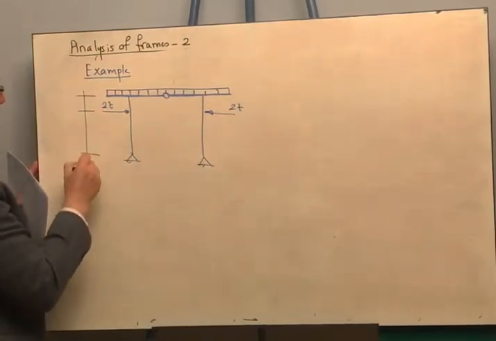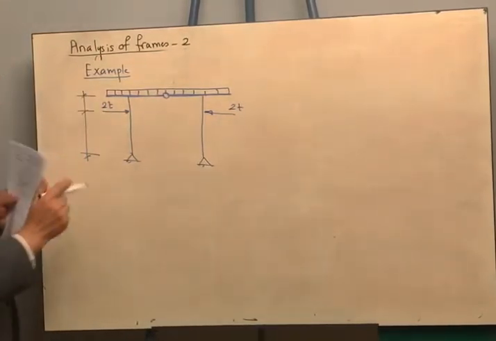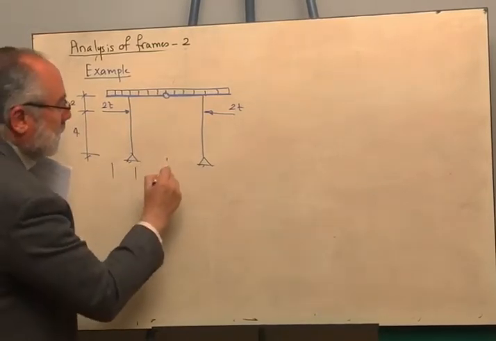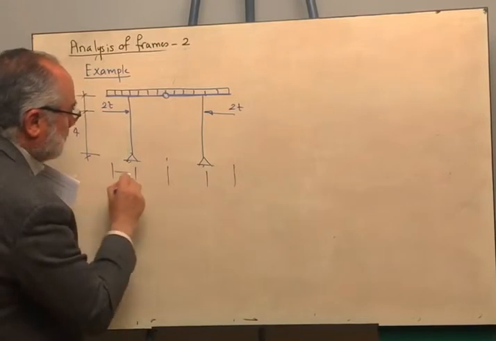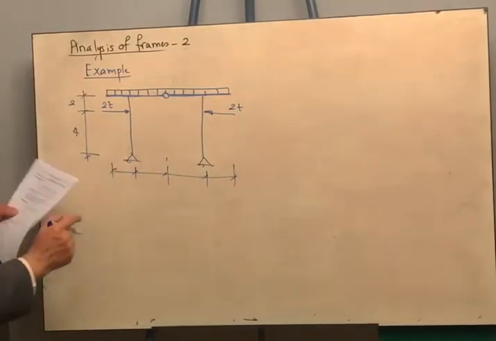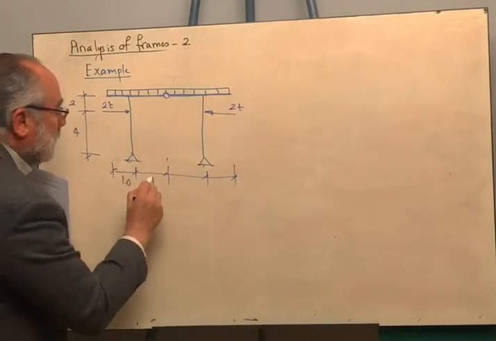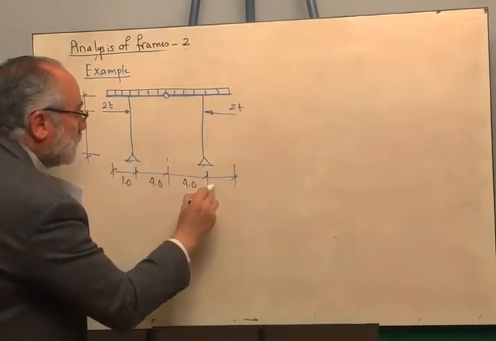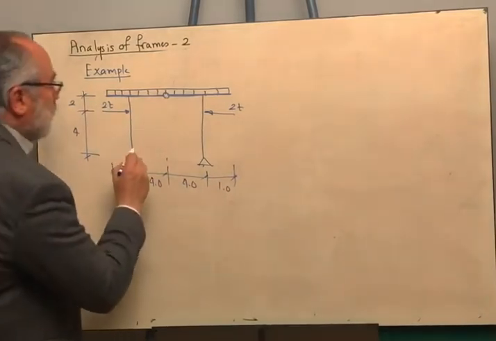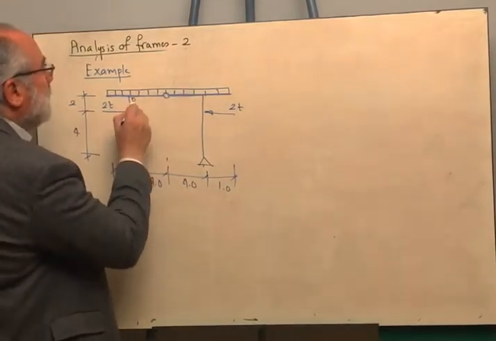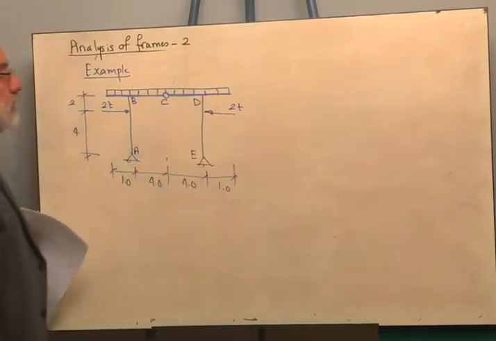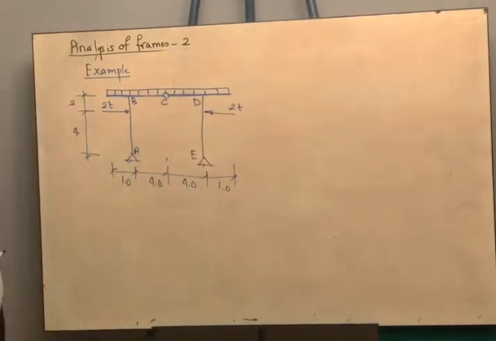These distances are given to us. It is 2 meters and 4 meters, and these distances, it is 1 meter, 4, 4, and 1. Now, if we call this point A, B, C, D, and E. Now we notice something.